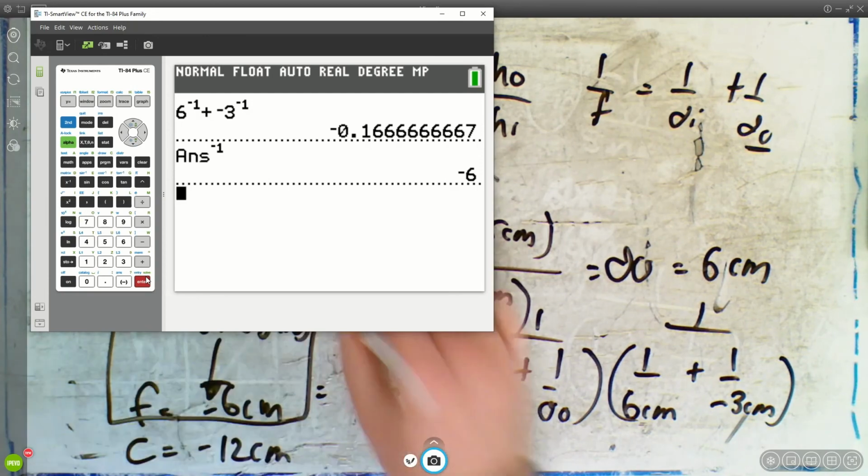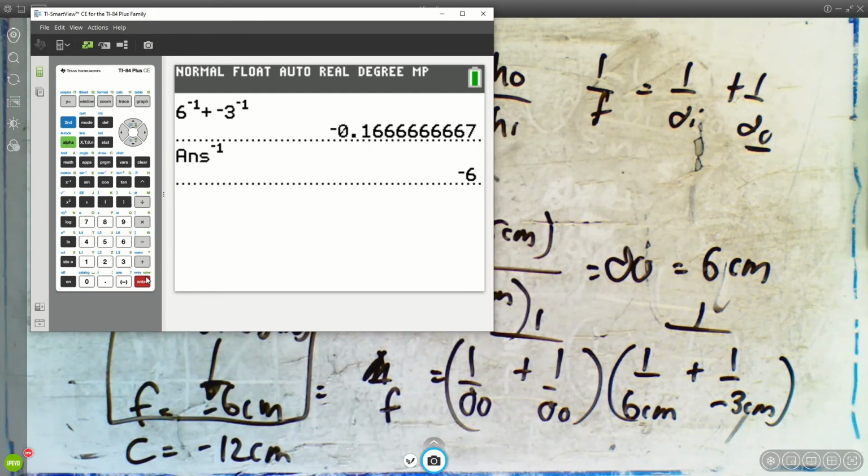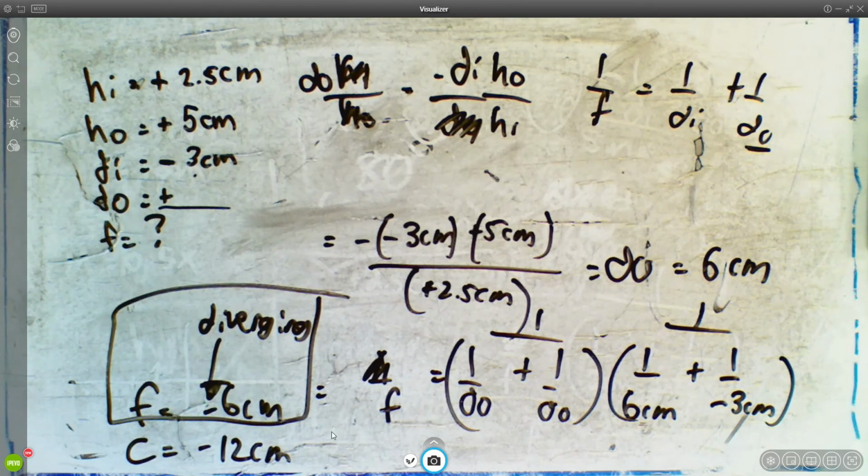Or mirror, sorry, not lens. That's a diverging mirror. That's 6 centimeters, which makes sense because dou was 6, the distance to our object, and then we find our focal length to be 6. Well, we're right at our focal point, but that doesn't matter for a diverging mirror.